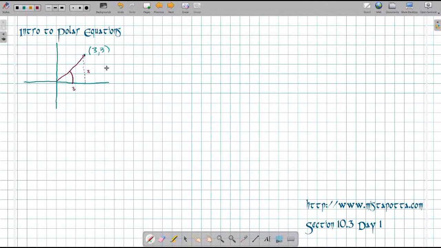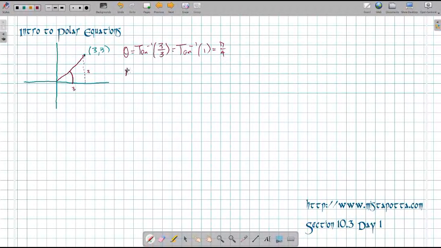And we saw in our discussion from vectors that theta is the arctangent of my y coordinate divided by my x coordinate. So the arctan of 1 is going to be pi over 4.